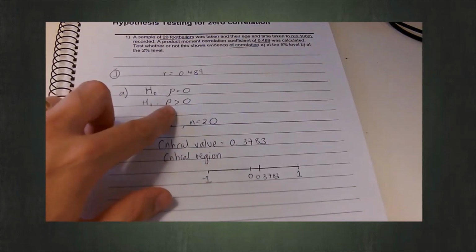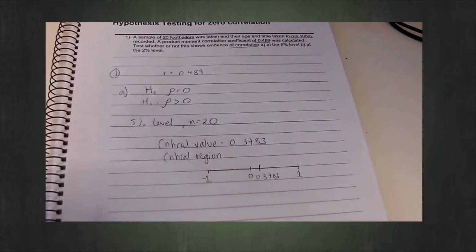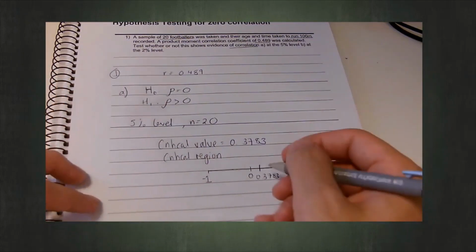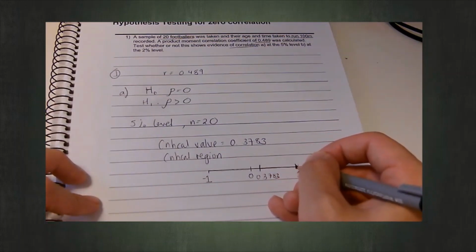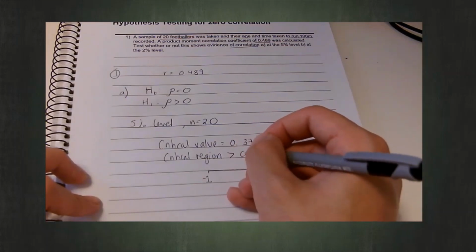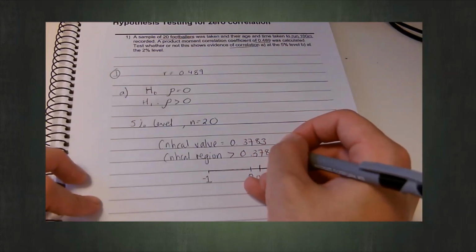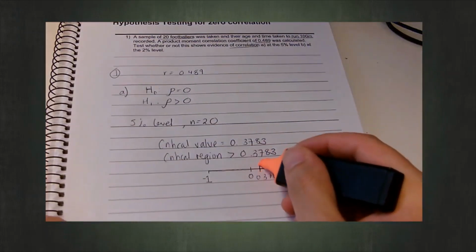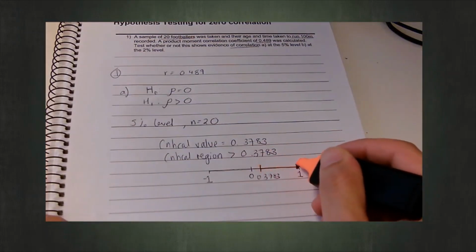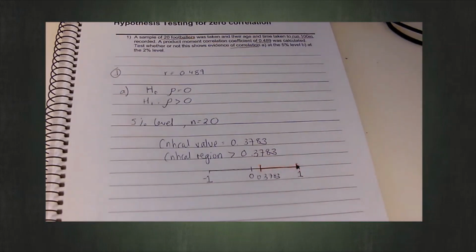So if you're looking for greater than 0, a positive correlation, the critical region will be everything greater than 0.3783. What we're looking at is here, 0.3783, and any value of R which lies in that critical region, we would have to reject the null hypothesis.